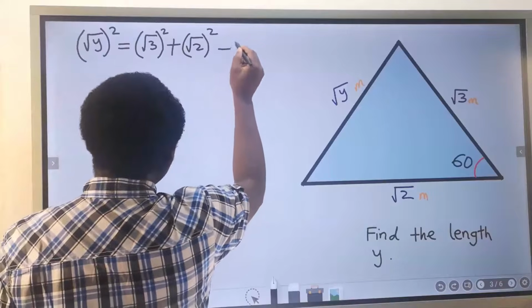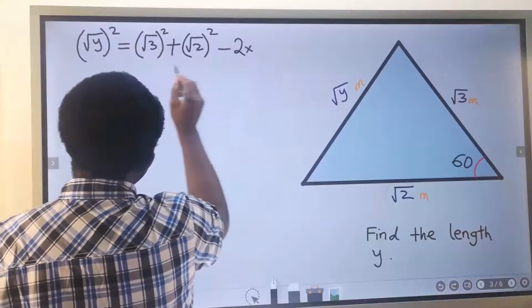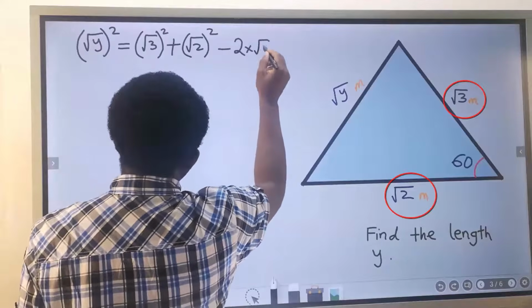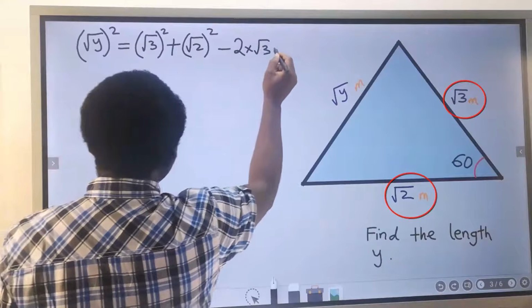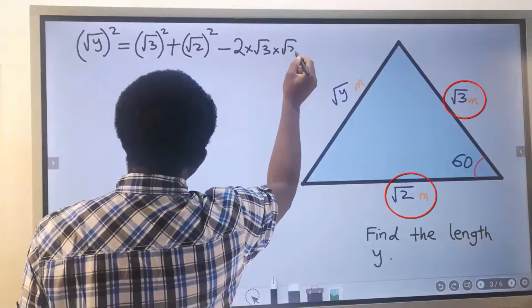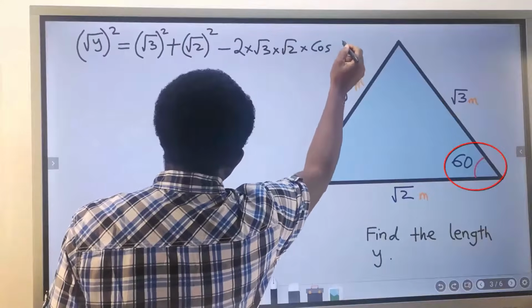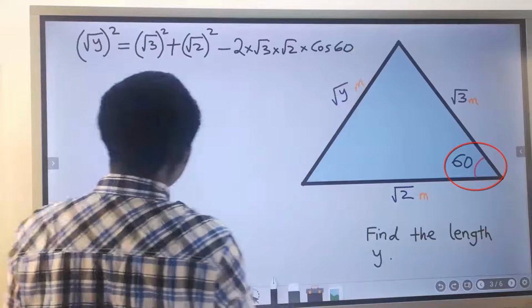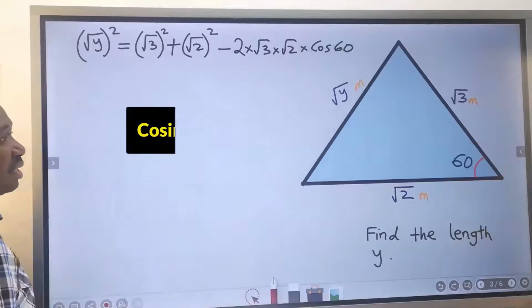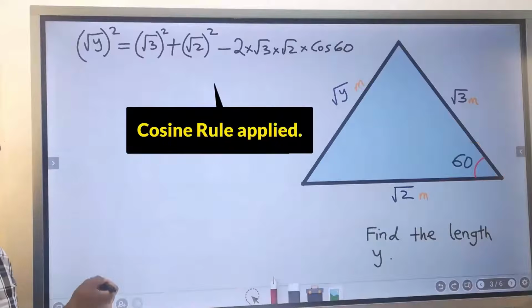Next, minus 2 multiplied by the square root of 3 multiplied by the square root of 2 multiplied by the cosine of the angle under consideration. This is the cosine rule.